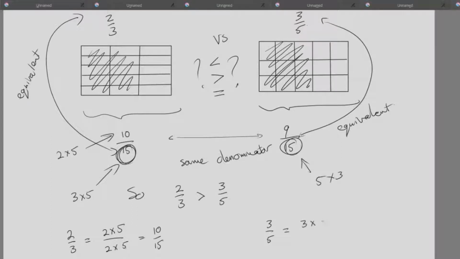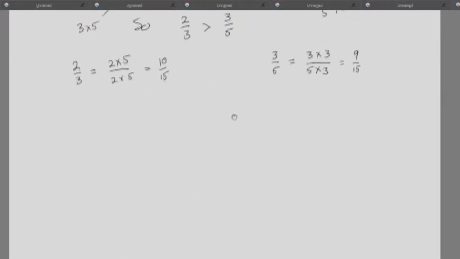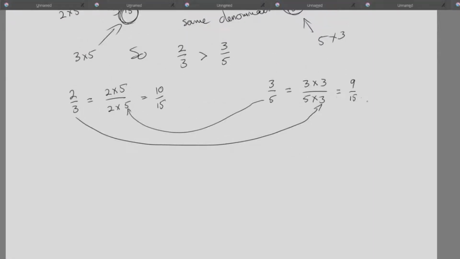I'm going to multiply the top by 3, the bottom by 3, and because I've done the same thing on both the numerator and the denominator, I get an equivalent fraction. So I've done that graphically, but it doesn't have to be graphically. I could have just chosen a number, and this number is still the denominator of the other fraction, to make the two denominators the same.